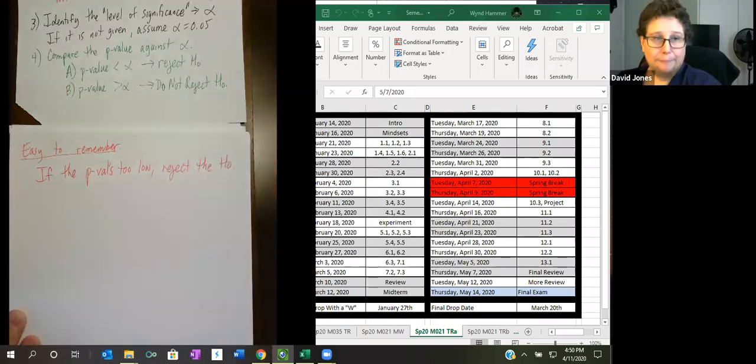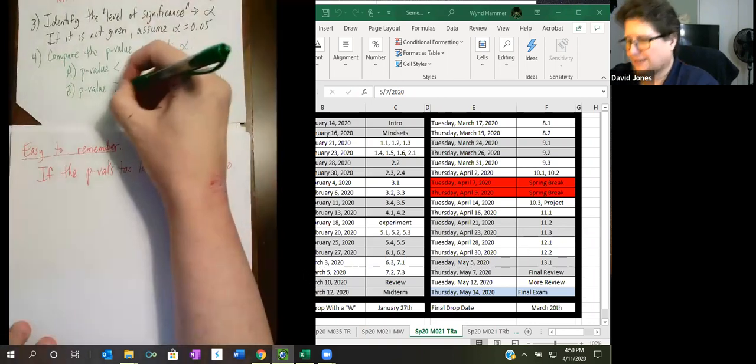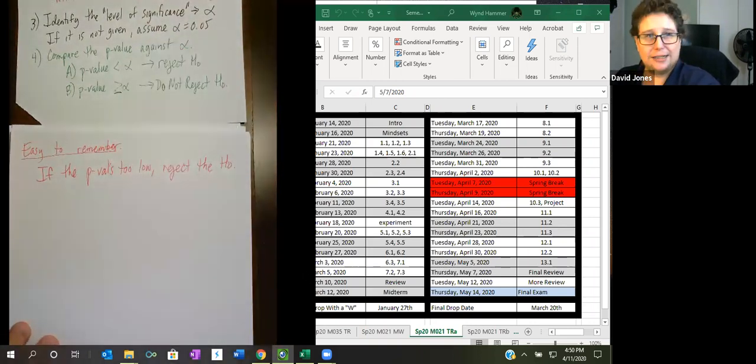Low and hoe rhyme. We don't call it the hoe, we call it H0, but it works here. Like ho, ho, ho, Santa Claus. Reject the hoe. You can take with it what you want. If p-value is greater than or equal to alpha, I should say, we don't reject H0.